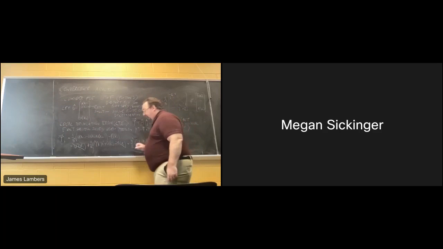So the local truncation error is order H squared, which is what we'd expect because that's what we get from the center difference. Any questions about that?